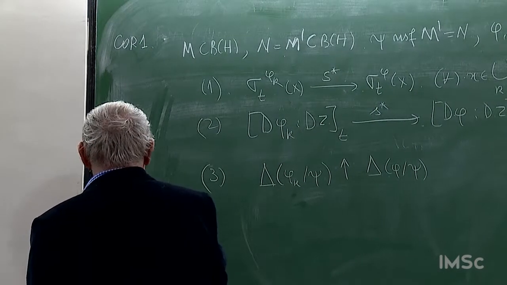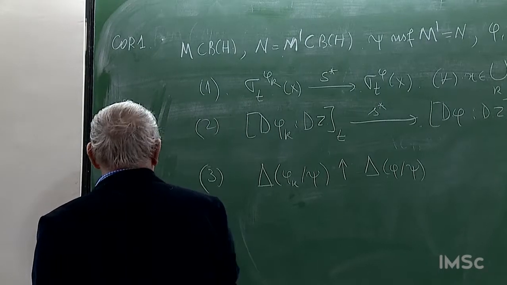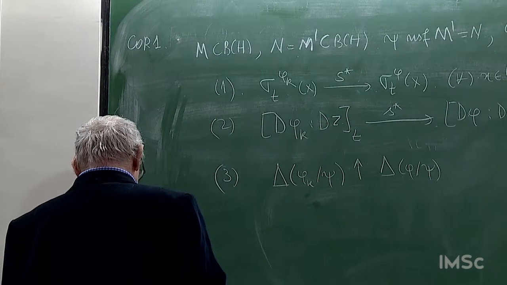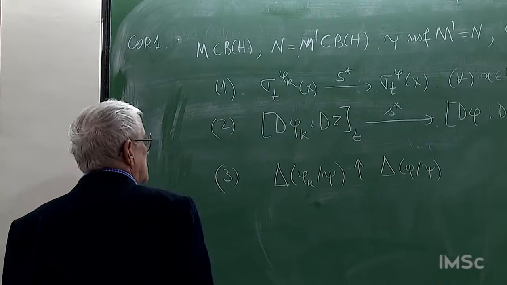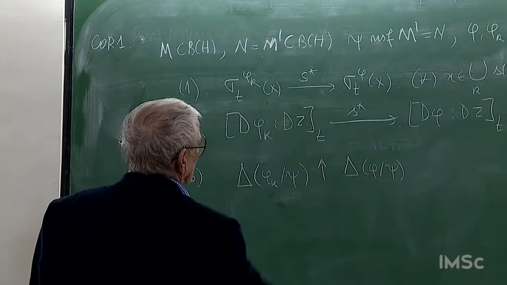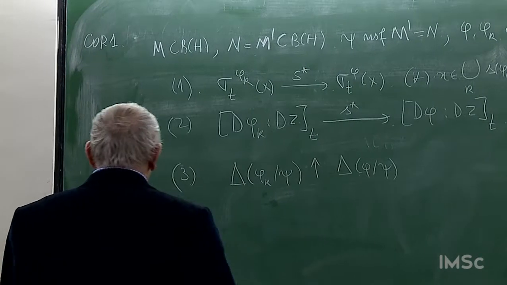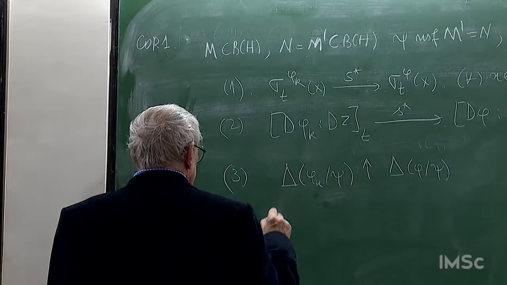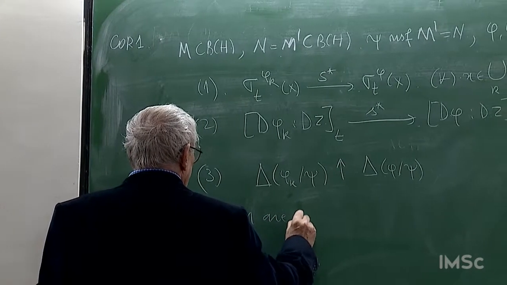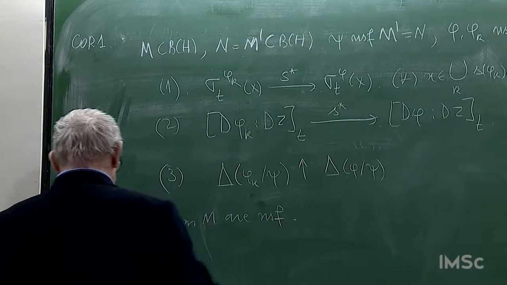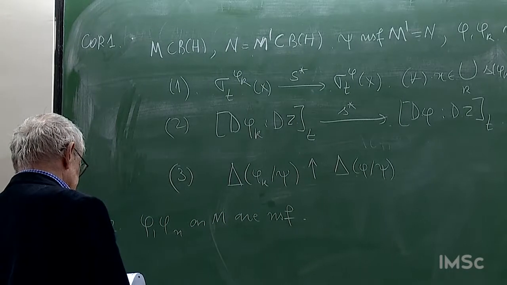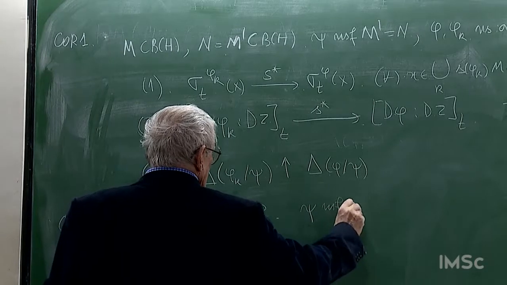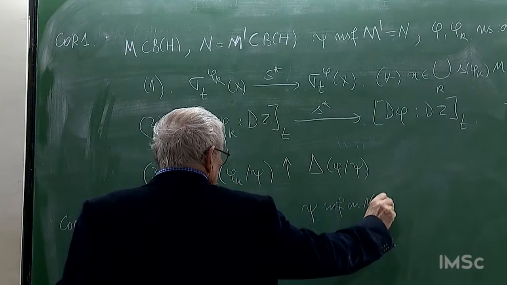And here you have a corollary 2, which is in the same situation as above, but you assume that phi and phi_n on M are faithful, are NSF, and psi is NSF on N, which is equal to M prime.